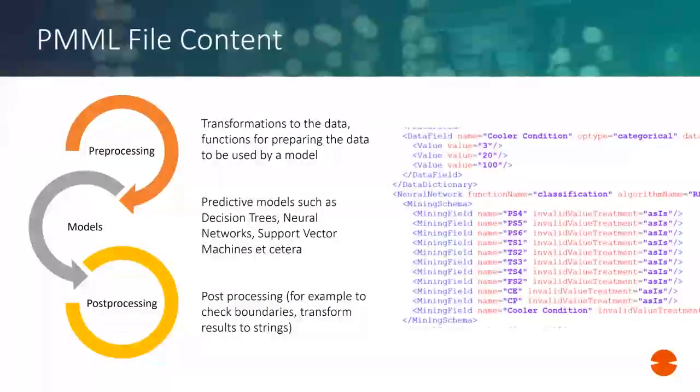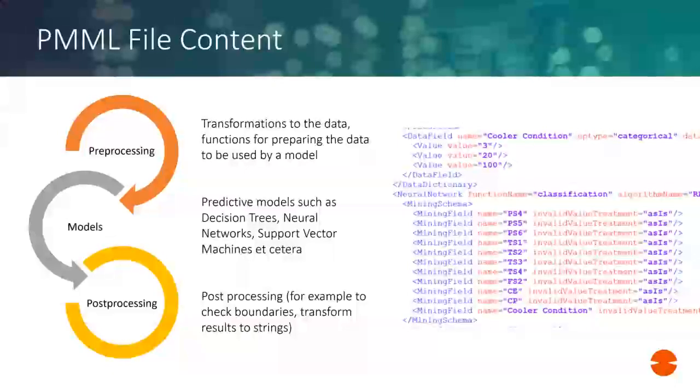So taking a closer look at PMML files, which we see here on the right-hand side, you can see that PMML supports various elements that you also have in your analysis workflow. They provide the translation of the functions that you have applied on your data prior to training a model. But they also provide a wide set of different predictive models, such as neural networks, support vector machines, regression models, etc. And they provide you with support to deal with the post-processing of your model output.